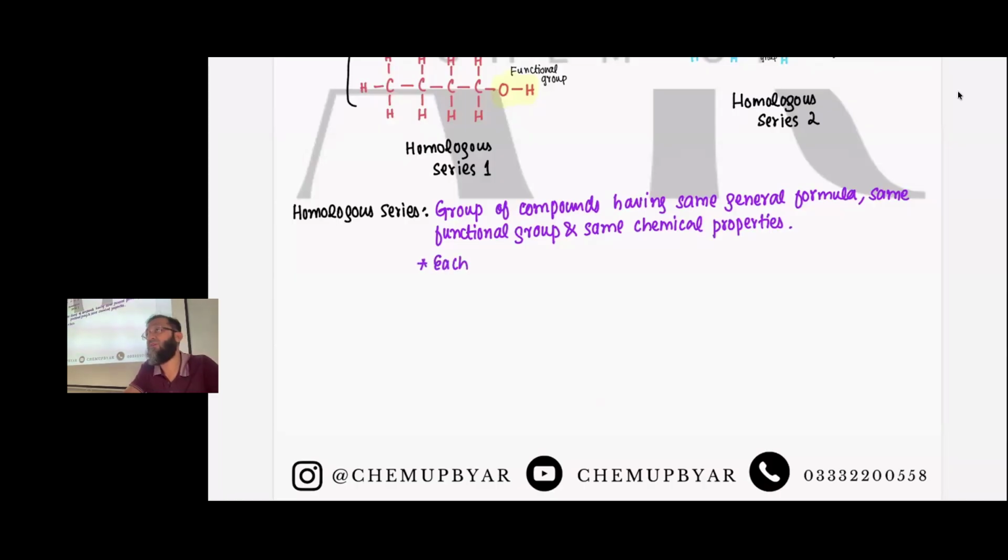In terms of mass, the difference is 14 units. And in terms of structure, every next member has one CH2 more than the previous one.